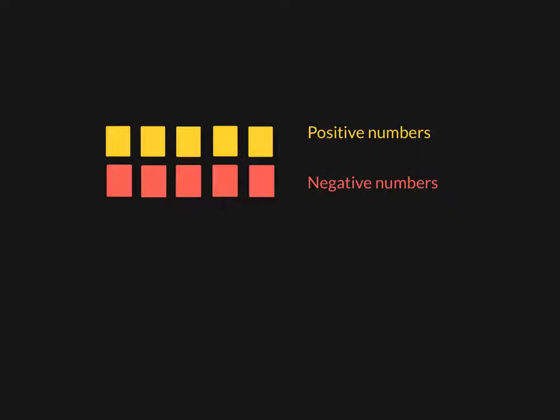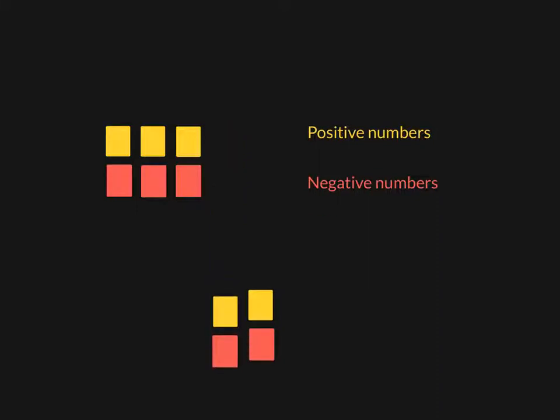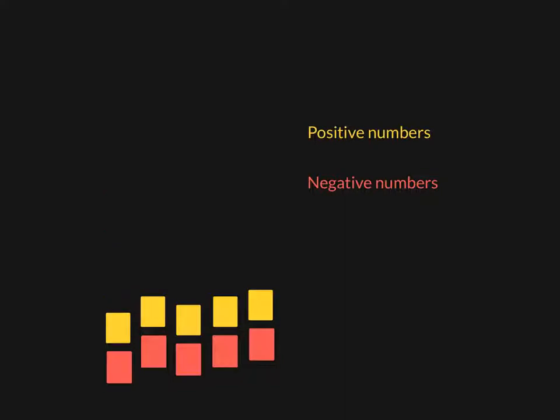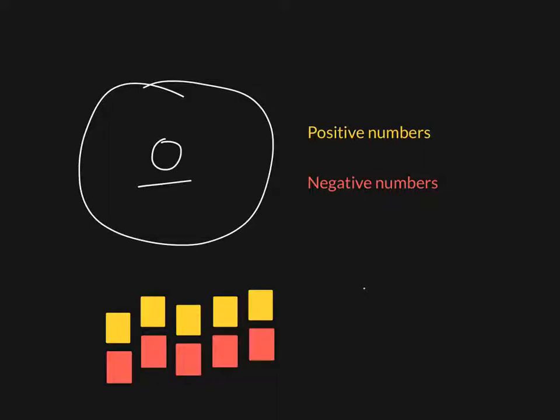When you put a positive and a negative together, they cancel. So if we have 5 positives and 5 negatives and take them all away, it leaves us with nothing, or 0.